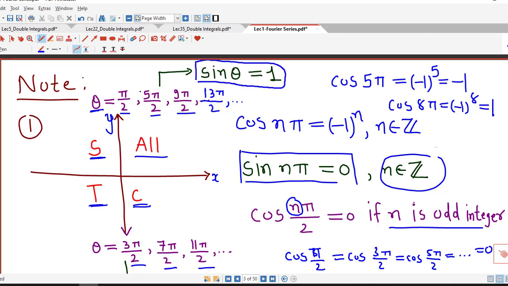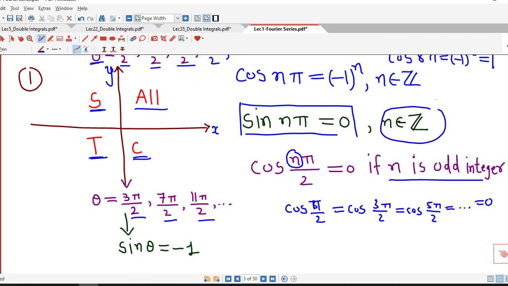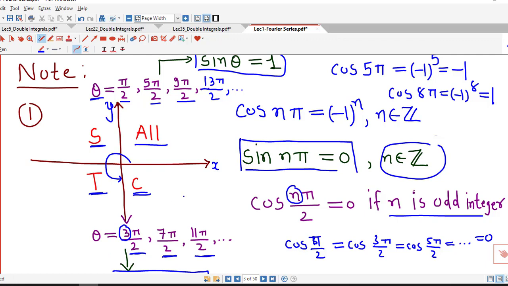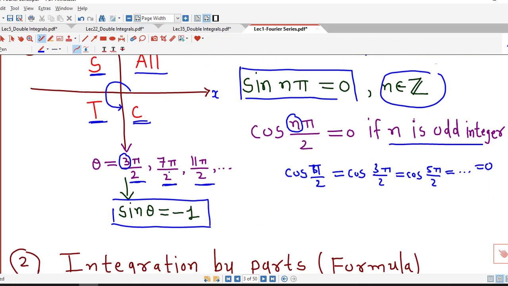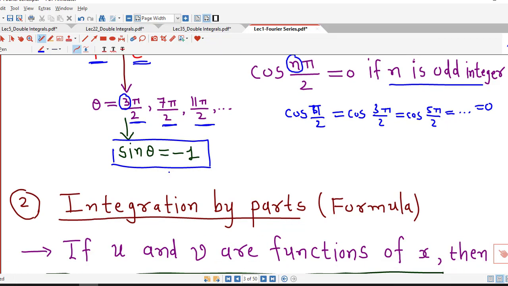So sin theta is 1 if theta equals π/2, 5π/2, and so on. And if we complete this angle, it is 3π/2. Then if we add 4 to this 3, we have 7π/2, then 7 plus 4, 11π/2, and so on. At all these points, the value of the sine function is −1. So we will remember all these things which we will require during this chapter of Fourier series.